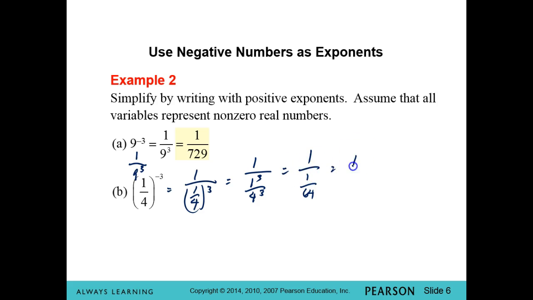So that's the same as 1 divided by 1 over 64, right? And how do you do division of fractions? 1 times 64 over 1, which is 64. Very good.